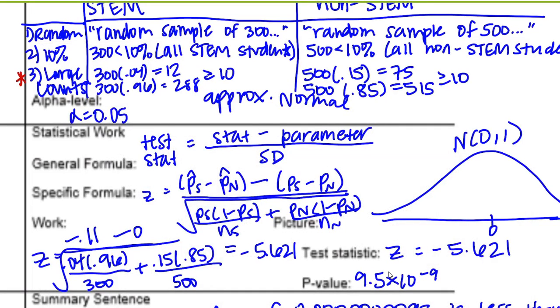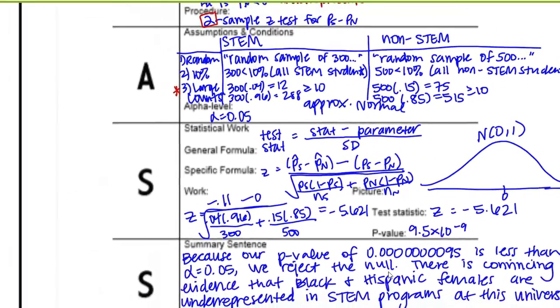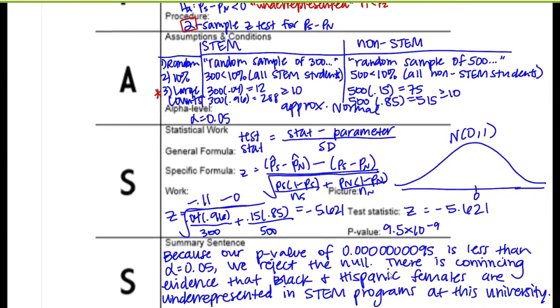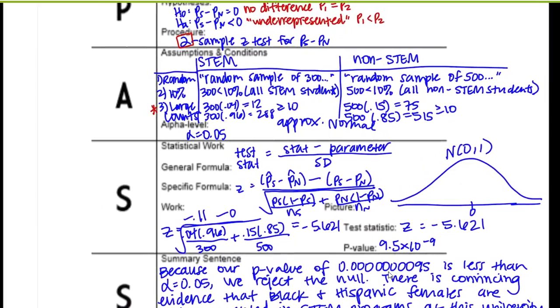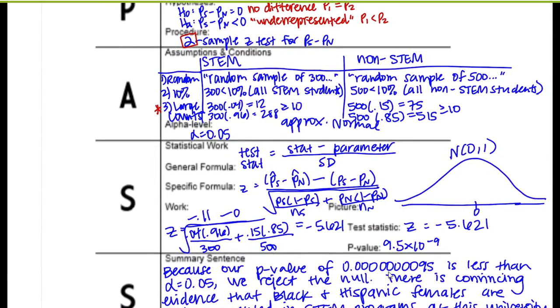Now, we have a few corrections to make. So what I want to bring your attention to is that the null hypothesis says PS equals PN, or there's no difference between them. Remember that a significance test assumes the null is true for everything, but we didn't know what PS or PN were, and so we had to use them separately in our large counts, in the formula for standard deviation, etc. And so what I'm going to teach you something new.